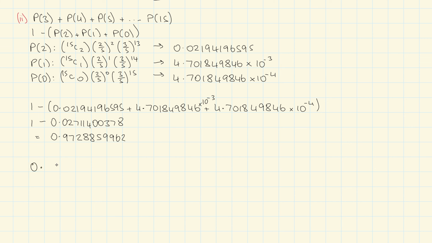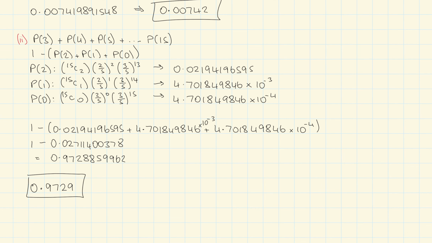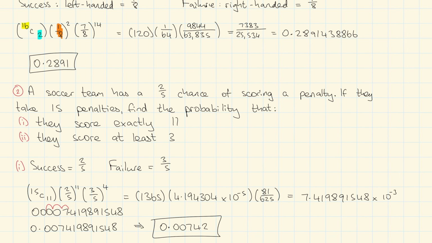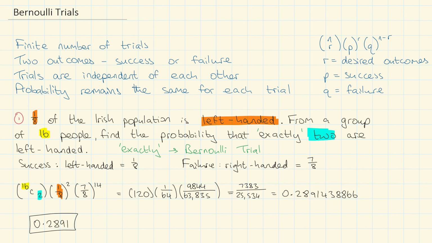And we'll assume that it was 4 decimals, say, so 0.9729. So that's the probability that they score at least 3 of them. Okay, so there's two examples of Bernoulli trials.